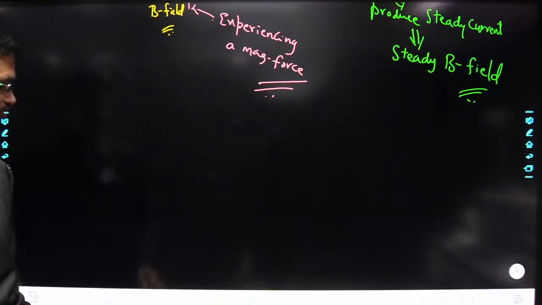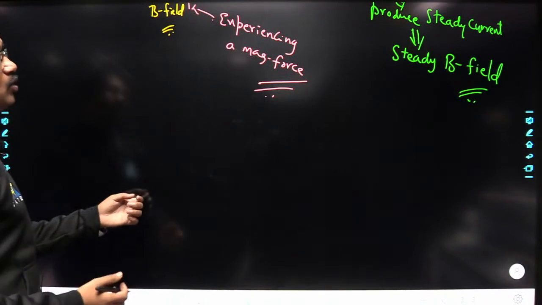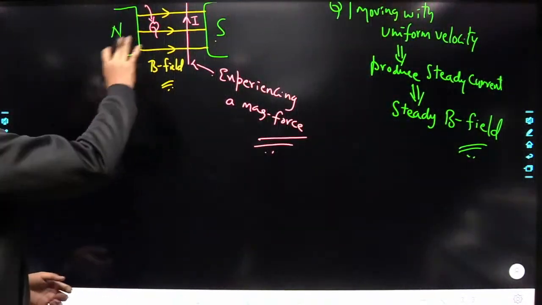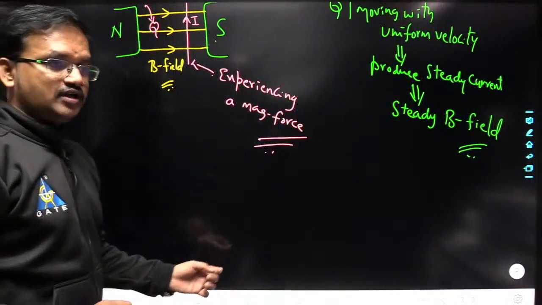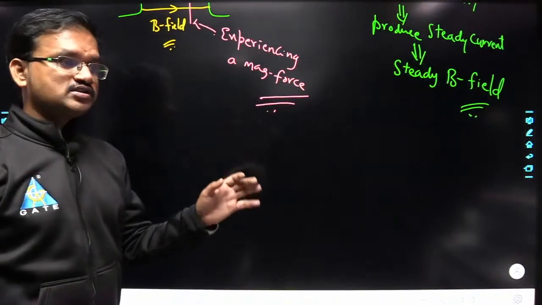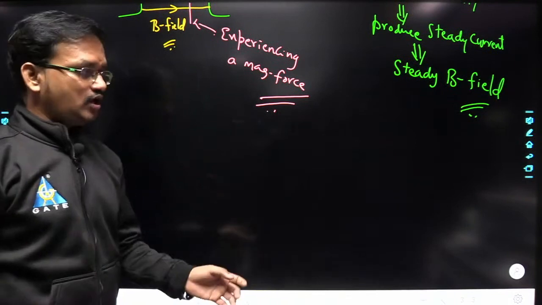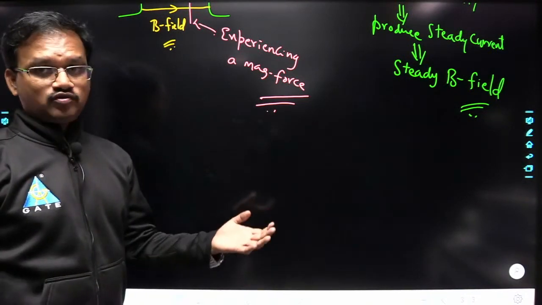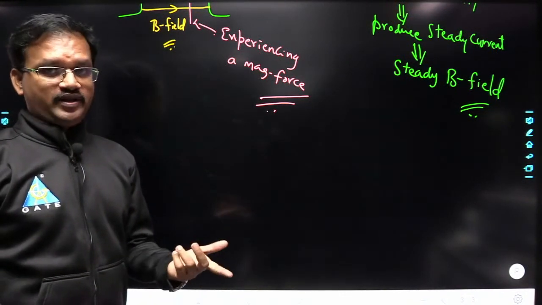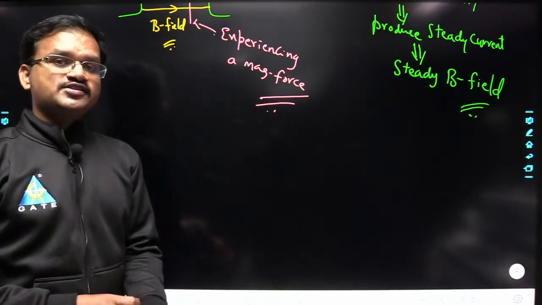So I have told that a moving charge in a magnetic field is going to experience a magnetic force. So what is that force? How much force is it going to experience? That is given by the Lorentz force equation.